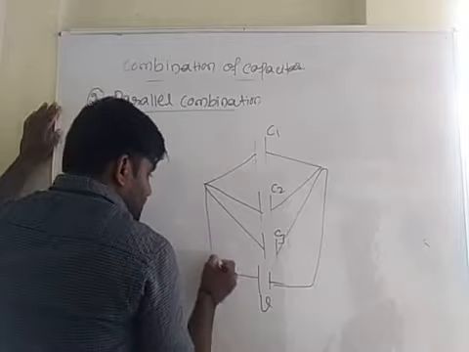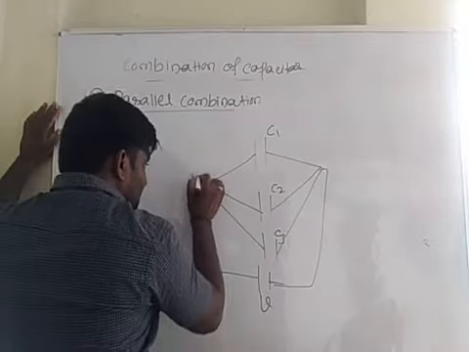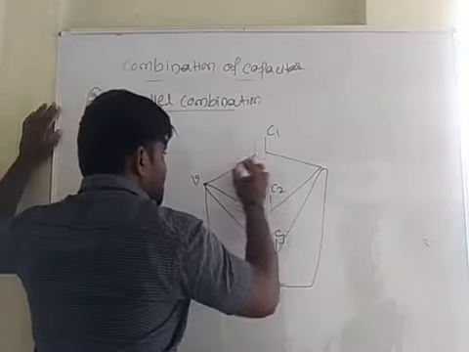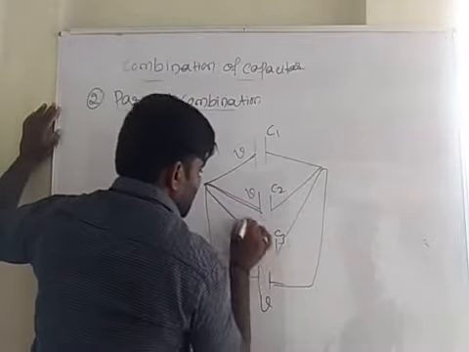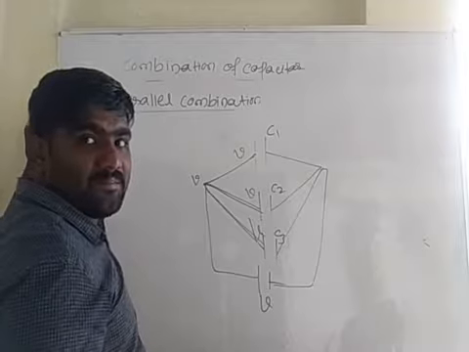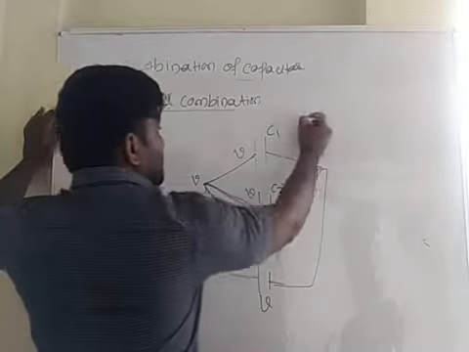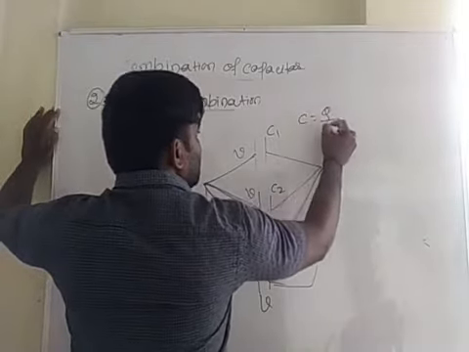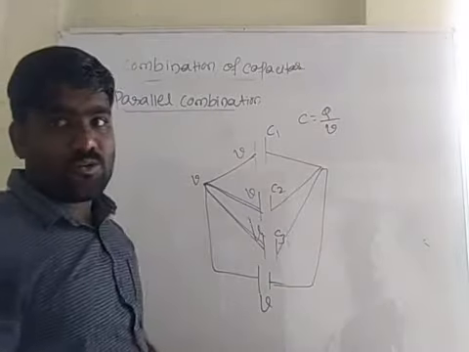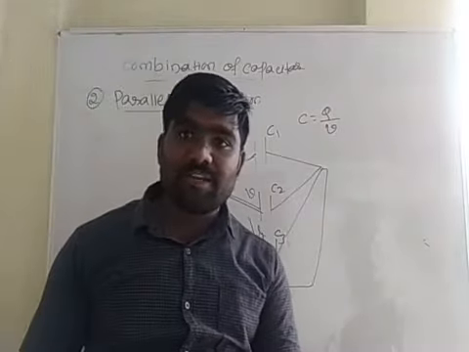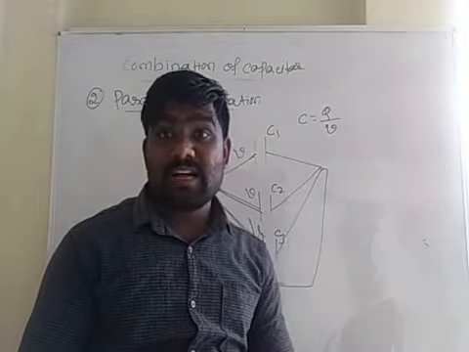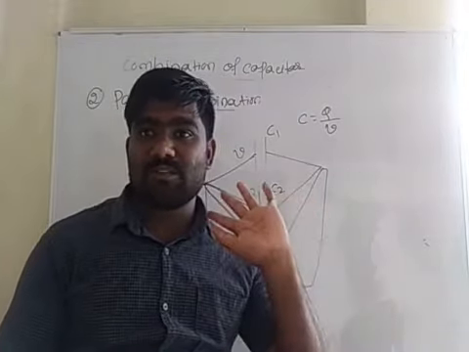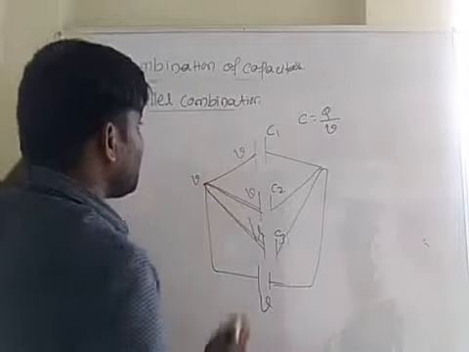When potential comes over here at this point, along this direction potential is V, along this direction potential is V, along this direction potential will be the same. Then see the equation, Q is equal to C into V. As I told previously, capacitance is completely dependent upon what? Charges. C is directly proportional to Q. Okay. Here what happens?